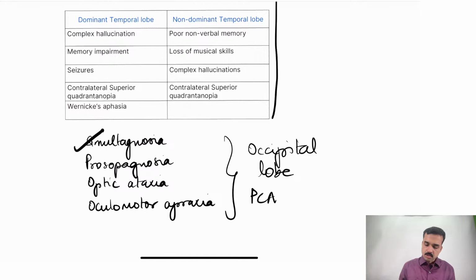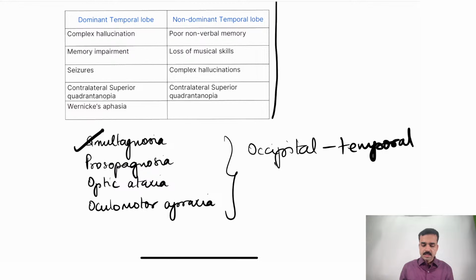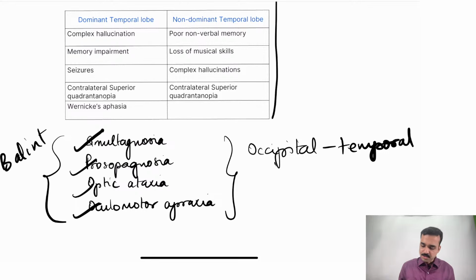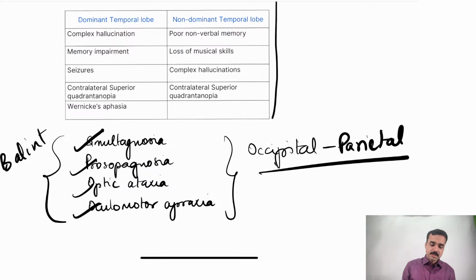Let me not put it as occipital lobe, I'll put it as occipitotemporal cortex. Lesions here can produce these four, and a combination of these is known as Balint syndrome. I'm sorry, not temporal, parietal. Apologies, occipitoparietal. A lesion in this region can end up producing Balint syndrome.